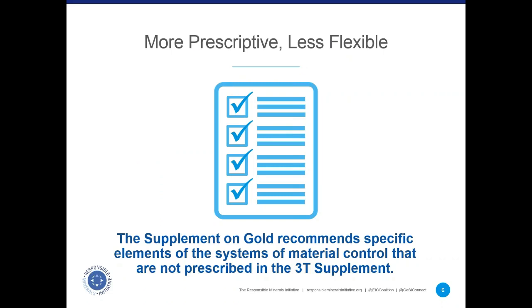As an illustration, there is a requirement to physically segregate and secure any shipment for which there is an unresolved inconsistency. While this is an implicit option in the 3T supplement, it is a firm requirement for gold, therefore resulting in less flexibility for gold refiners in determining how to react to discrepancies and observed inconsistencies.